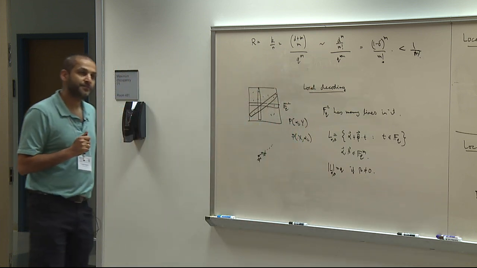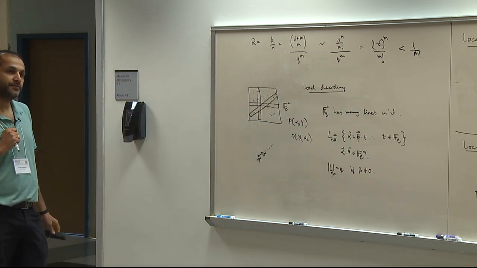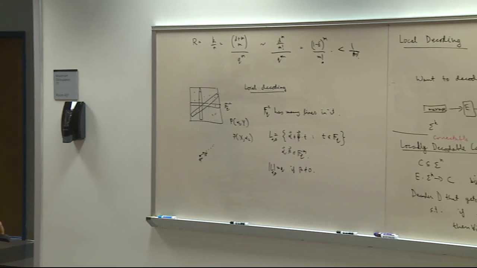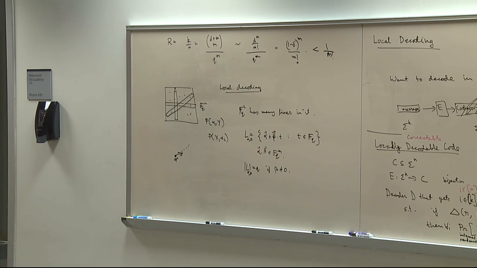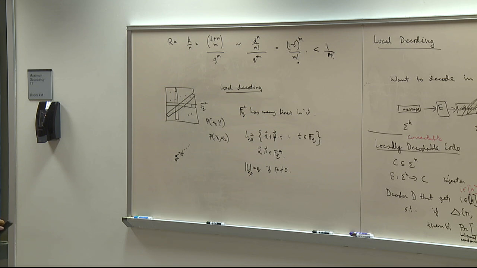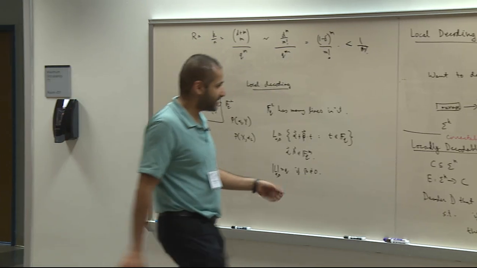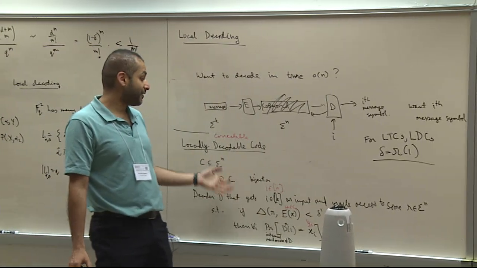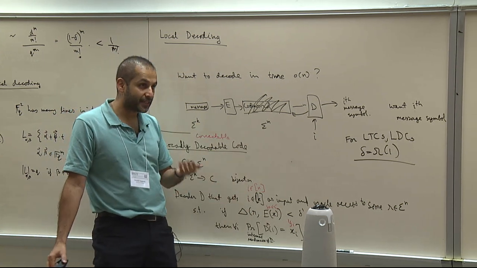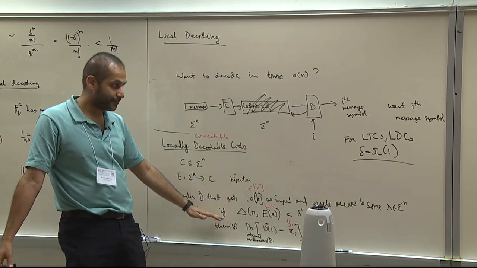So are locally decodable codes stronger than locally testable? Is every locally decodable code also locally testable? No, there is no connection in either direction. The big difference is that in locally decodable codes, you have a promise that the received word you're touching is close to the code.